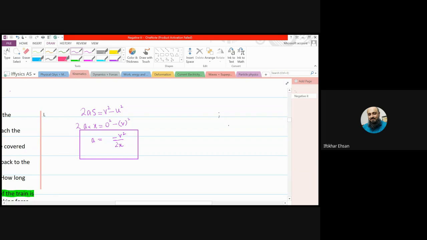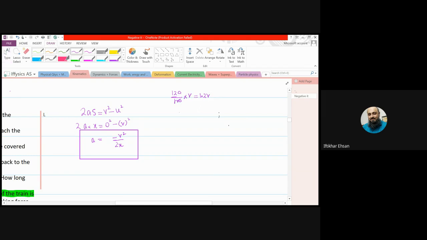And when we increase it by 20%, it means the new velocity will be 120% of what it was initially. So mathematically, 120 divided by 100 is equal to 1.2 v. So now the initial velocity is 1.2 times v, meaning 120% of v.